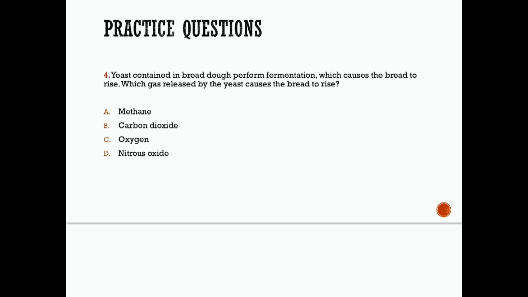So this process consumes glucose molecules and produces carbon dioxide, ethyl alcohol, and ATP. So the gas it's referring to would be the carbon dioxide, so B.